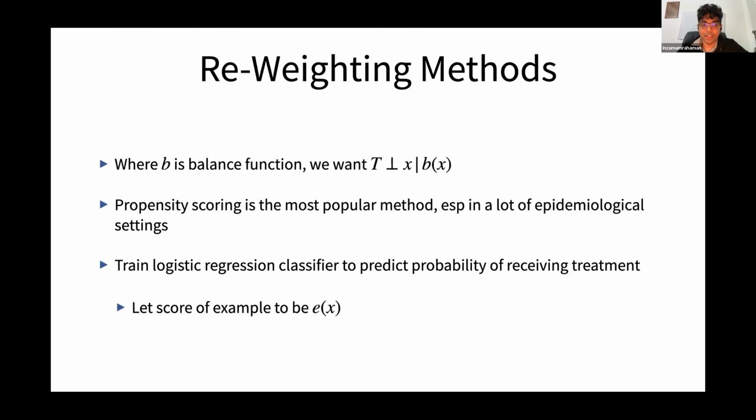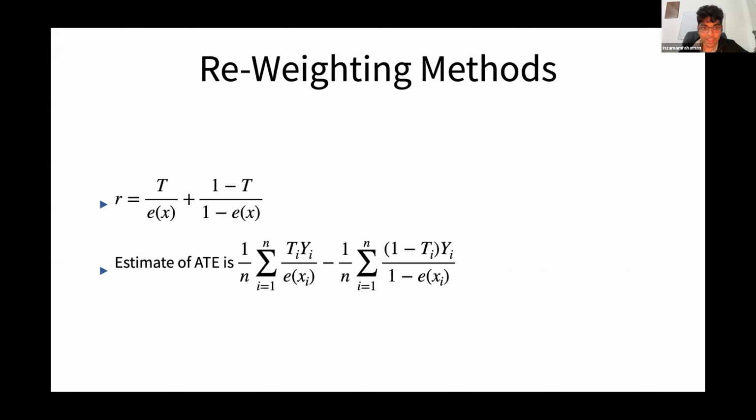You use the logistic regression classifier to get a score e(X) for every covariate vector X, and then you can compute an estimate of the ATE using the expression on the bottom there. So basically you use this to reweigh samples based off of their probability of being treated. Of course, e is bounded.